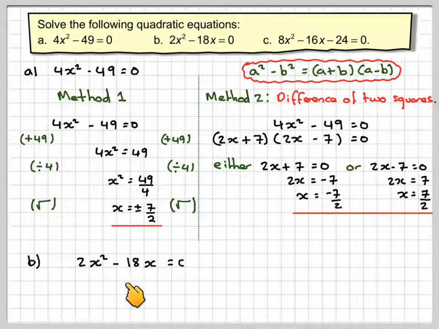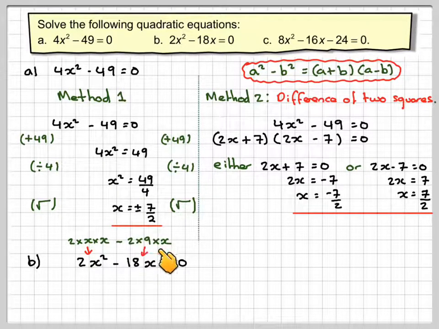Part B, 2x squared minus 18x is equal to 0. Well, 2x squared can be written as 2 times x times x, and minus 18x can be written as minus 2 times 9 times x. And then pairing up common factors, so we've got a 2 and a 2, so we'll put a circle around those. And we've got an x and an x.